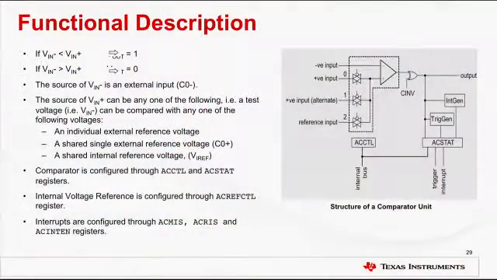Interrupt status and control are configured through three registers, analog comparator masked interrupt status register, analog comparator raw interrupt status register, and analog comparator interrupt enable register. Typically, the comparator's output is used internally to generate an interrupt as controlled by the ISEN bit in the ACCTL control register. The output may also be used to drive an external pin, C0, or generate an analog to digital converter trigger.